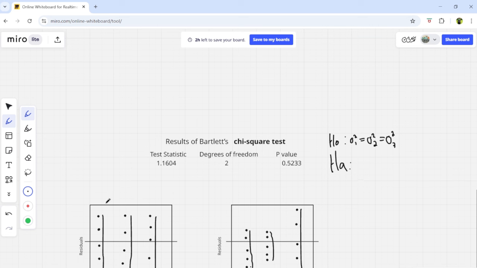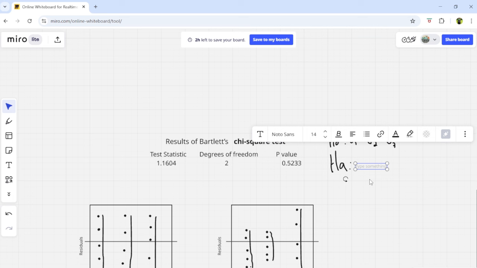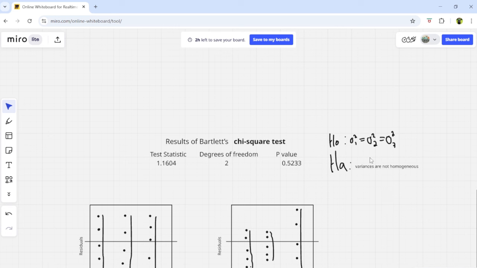And then for the alternative hypothesis, I prefer to write it in words and say variances are not homogeneous. You can also write your null hypothesis in words and say variances are homogeneous as well, but I prefer to write it like this, and the alternative as variances are not homogeneous.